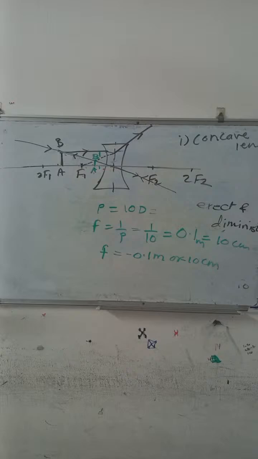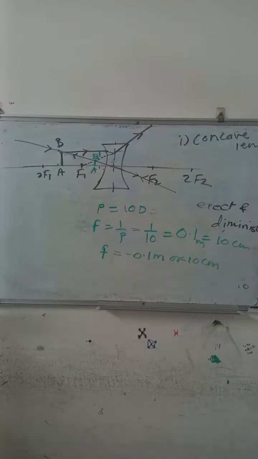The distance of the object from the optical center is 20 centimeter, so here U is given as minus 20. We have to find V, and from that they are asking the nature and position of the image.